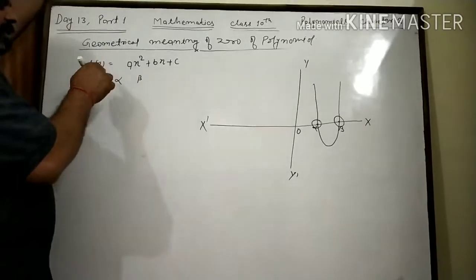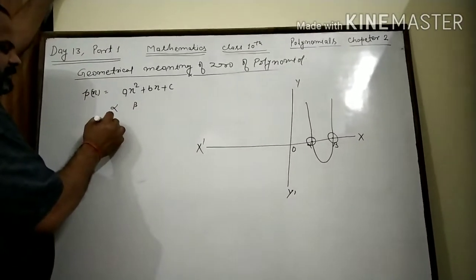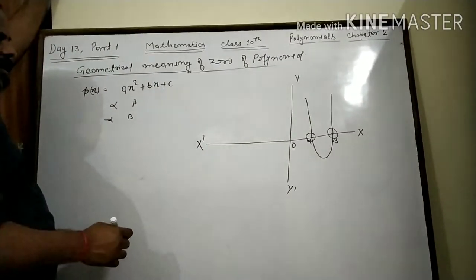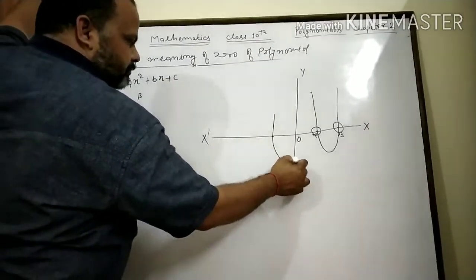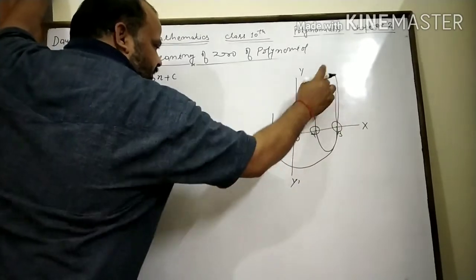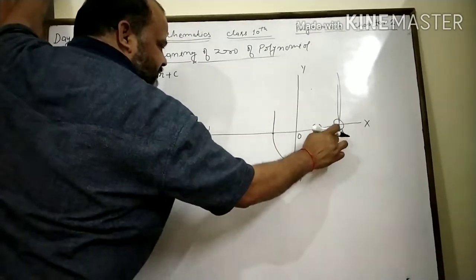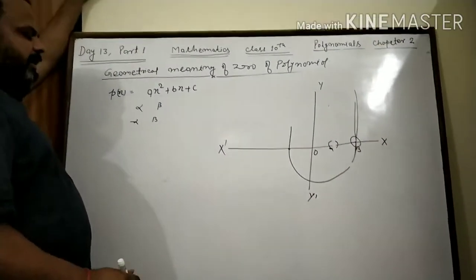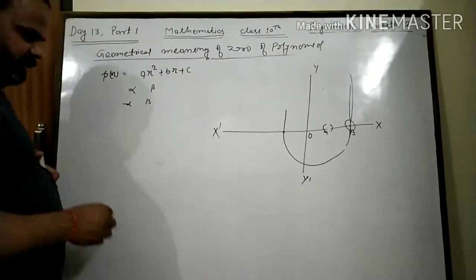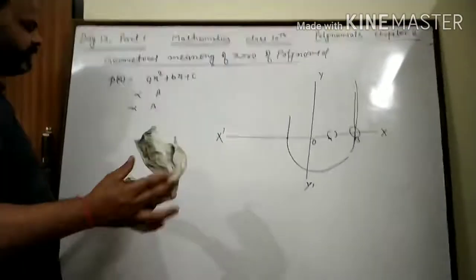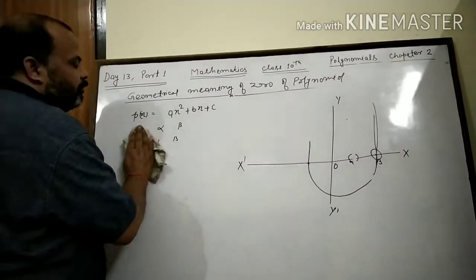Suppose one is minus alpha and the other is beta, then minus alpha is on this side and the other is beta, then our graph is like this. Clear? It means if you have a quadratic polynomial, then its graph is parabolic.